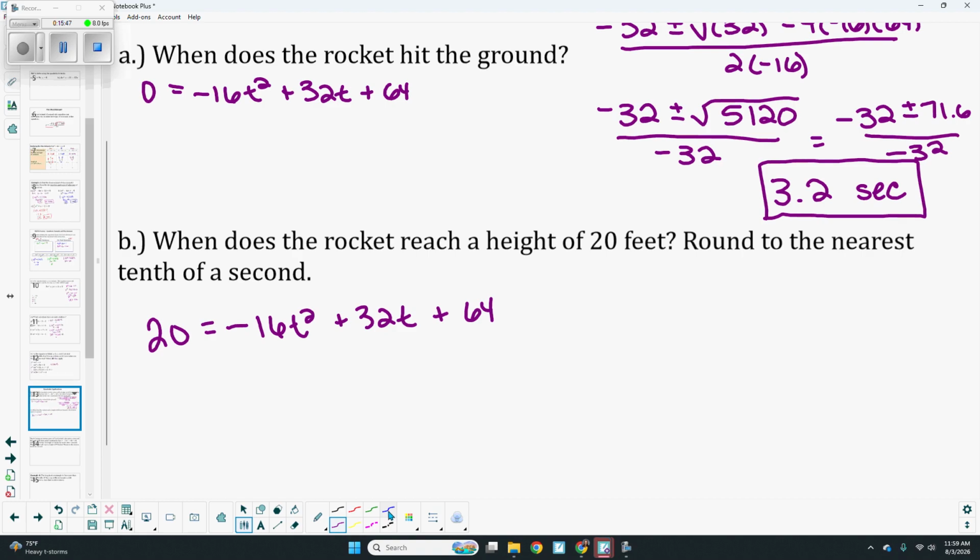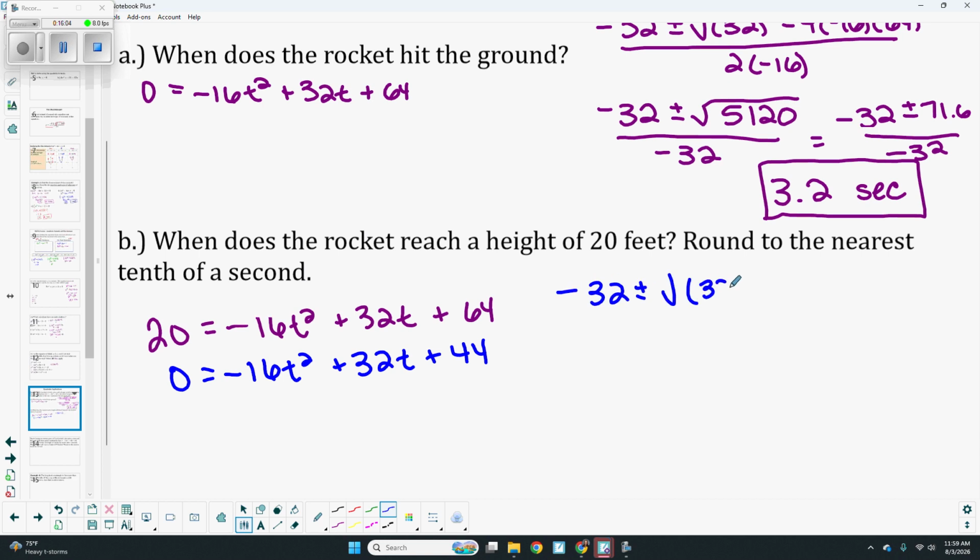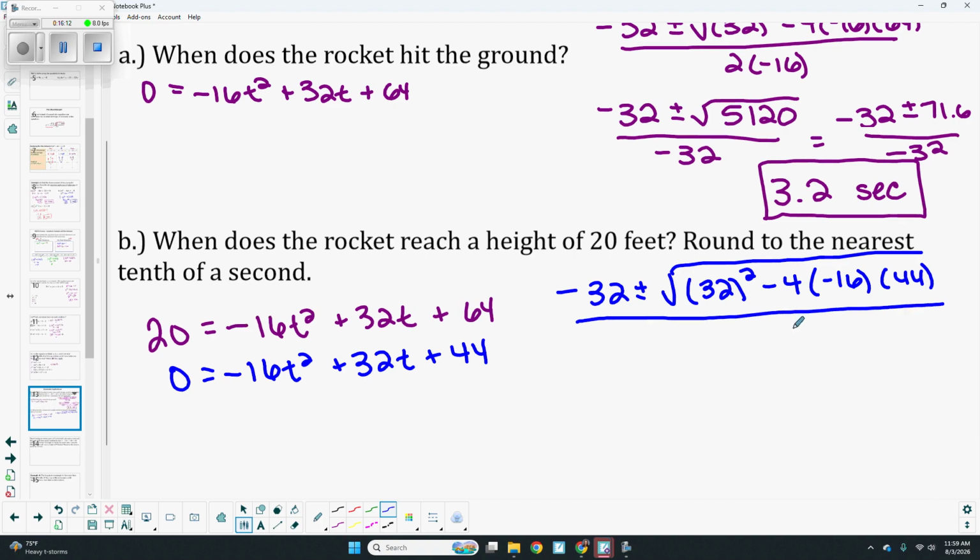So when we subtract the 20, that changes our c value. So again, we would go through our whole process, negative b plus or minus the square root of b squared minus 4ac, all over 2 times a.